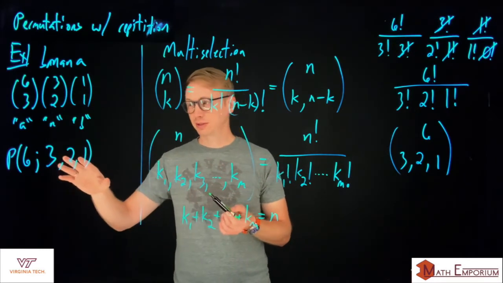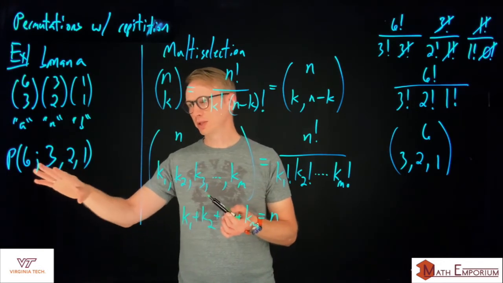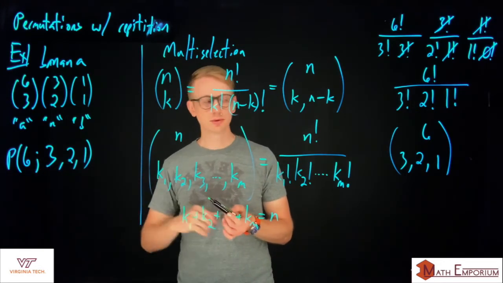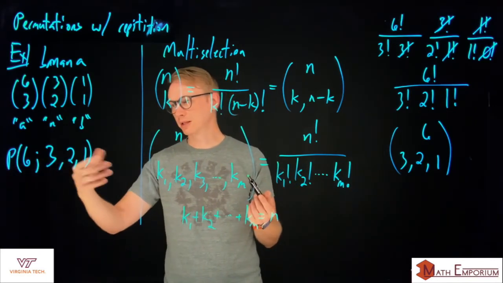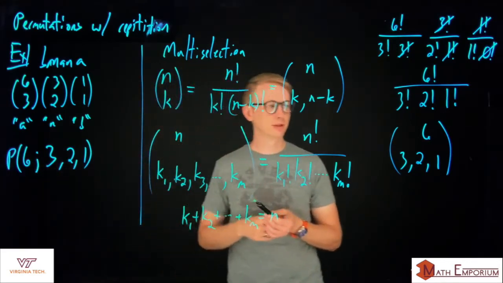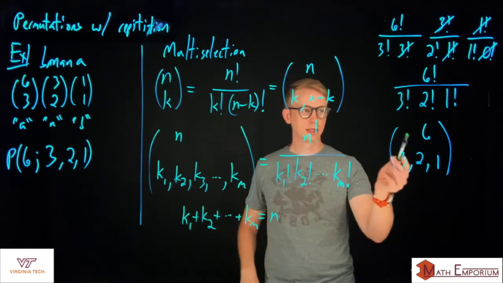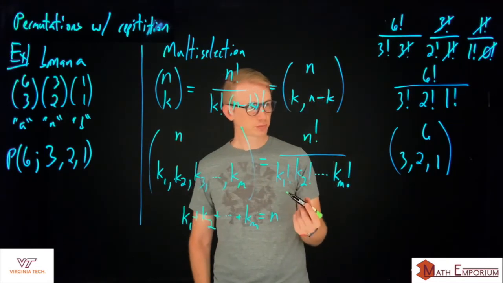I do not actually use this notation and never really have been a fan of it. That doesn't mean that it's incorrect notation and it's not usable, so feel free to use it if you prefer it over this. For instance, in email, this is quite handy because it sits on a line. You have these letters on your keyboard and you can make it fit on a single line. But I prefer this particular viewpoint of the problem as a multi-selection.